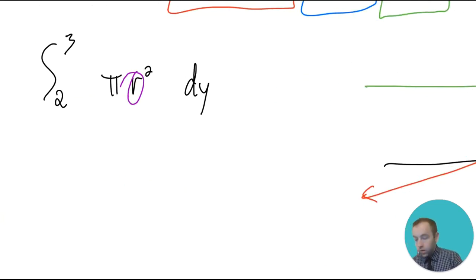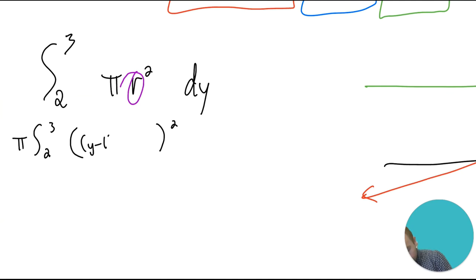So when we do so, we're going to get an integral that looks like this, integral from 2 to 3. I can pull the pi in front. And then we want the square of the quantity of y minus 1 cubed minus 1, all squared dy. So this is kind of similar to the one just before, where we really have 2 individual terms right there, like the square of a binomial.